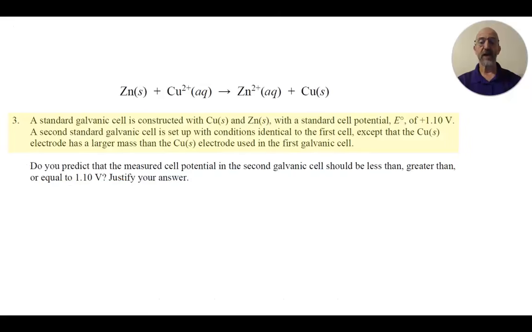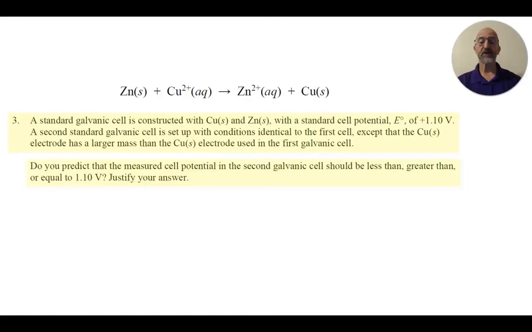So I'm showing you that it's the standard galvanic cell involving zinc and copper, and so there's my net ionic equation. Now the question asks, do you predict that the measured cell potential in the second galvanic cell, remember that all we're doing is we're changing the mass of the copper electrode, should it be less than, greater than, or equal to 1.10 volts? Justify your answer.